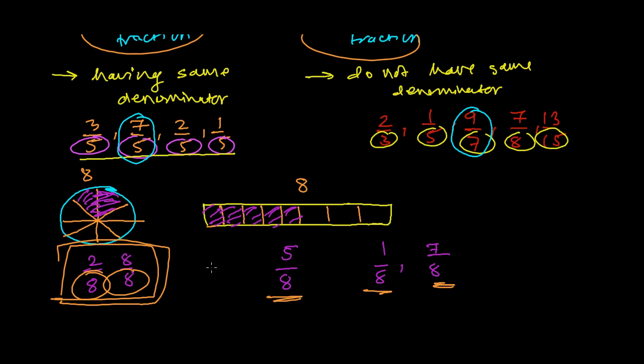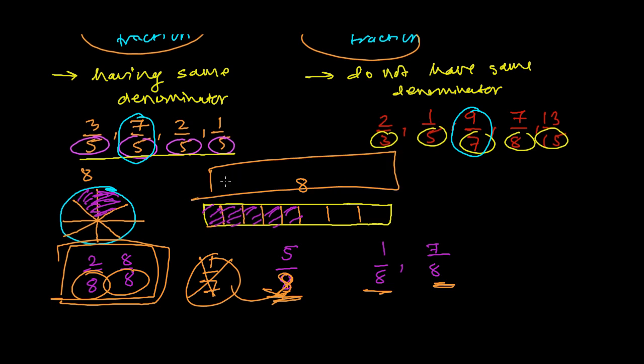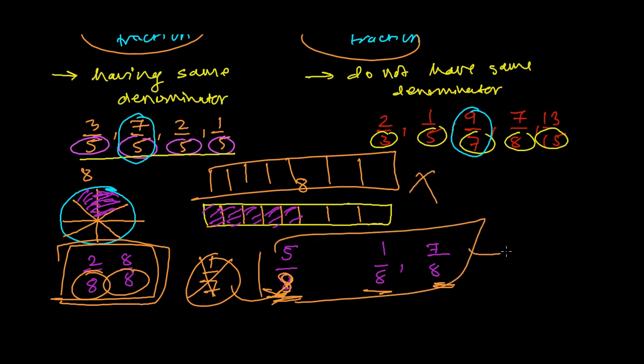If I'm writing 1 out of 7, then that's not like, because if the chocolate has been made into 7 sections, 1, 2, 3, 4, 5, 6 and 7, we cannot say that this is a like fraction of the other one, because we should have the same number of sections.